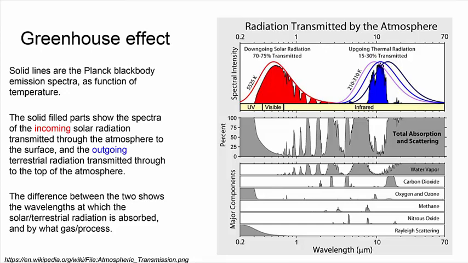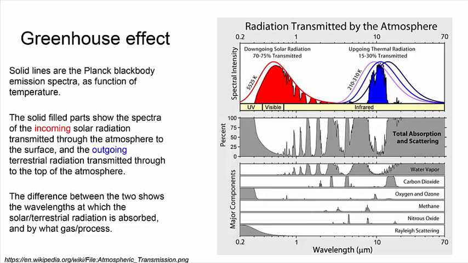Coming back to the right-hand side, this blue solid curve is what's seen at the top. Say you're at the top of the atmosphere looking downwards, what spectrum would you see? It's very different from what you'd see at the surface, and this has to do with water vapor.